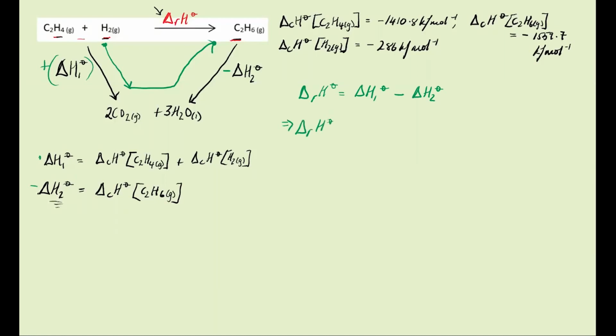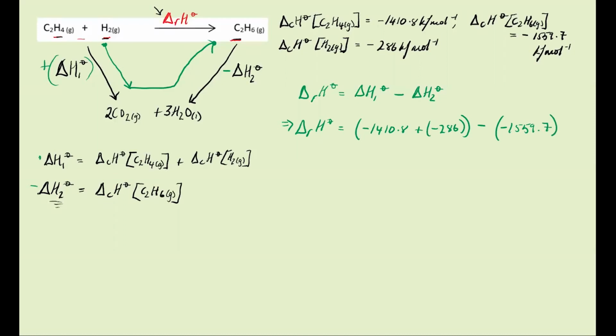The enthalpy of reaction is as follows. Now delta H1 is the enthalpy of combustion of ethene, which is minus 1410.8, plus the enthalpy of combustion of hydrogen, which I've got as minus 286, minus my enthalpy of combustion for ethane, which is quite simply here, as written at the top, minus 1559.7 kilojoules per mole.